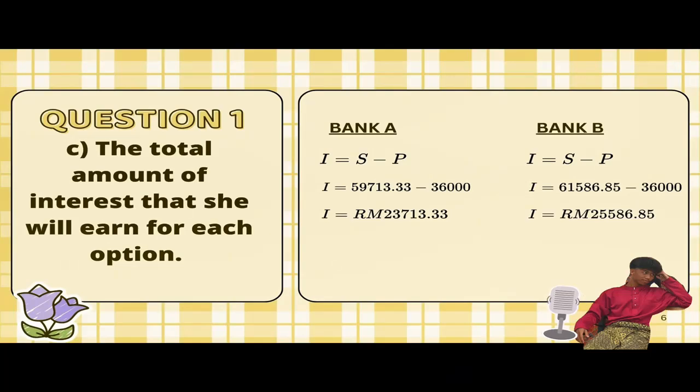For Bank B, it is 61,586 ringgit 0.85 cent minus 36,000 ringgit. So you will get 25,586 ringgit 0.85 cent. I'm going to pass question D to Haikal.